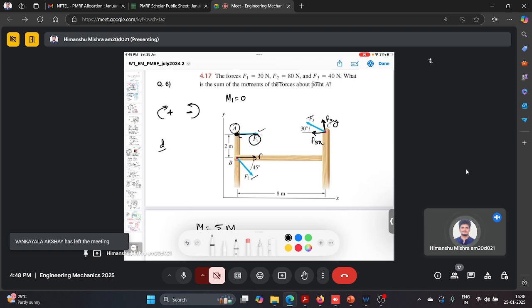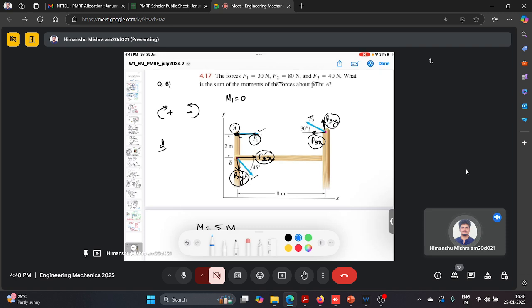Here we define F2x and F2y. So now we need to define the perpendicular distance of F3y, F3x and F2x and F2y.